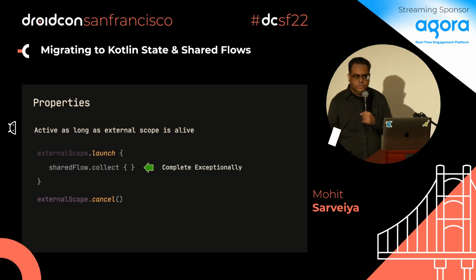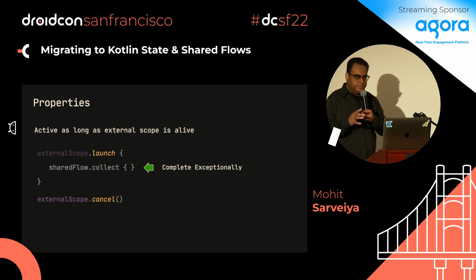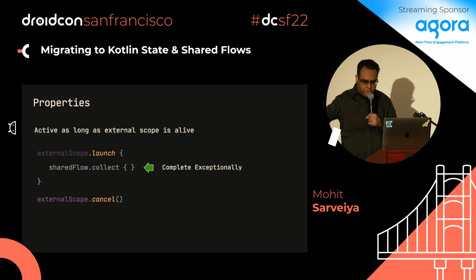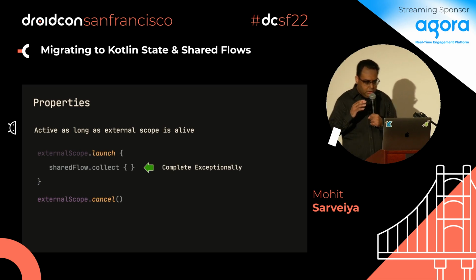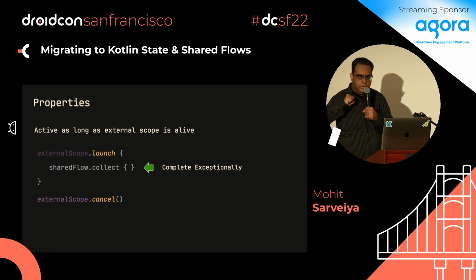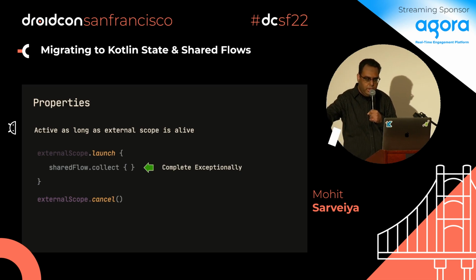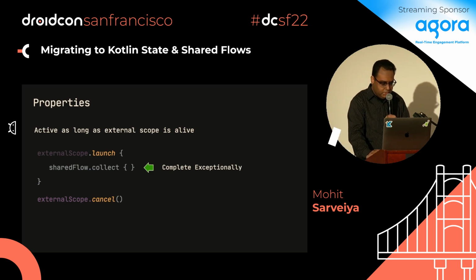So what that means is that if you build something like a client that's using this shared flow, it's very important, like in your onDestroy or whatever, to cancel that external scope. You could have an architecture where you're not utilizing viewModelScope. You're creating your own scope in a separate way. So it's good to clean up by canceling that scope.